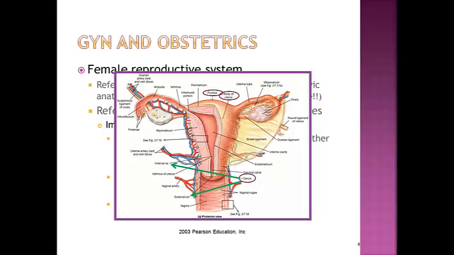The external os is where the outermost portion of the cervix opens into the vagina. These ora are what we must dilate during positive feedback during labor to facilitate childbirth, and it's what will manually dilate during surgery within the uterus from the vaginal approach. Okay?